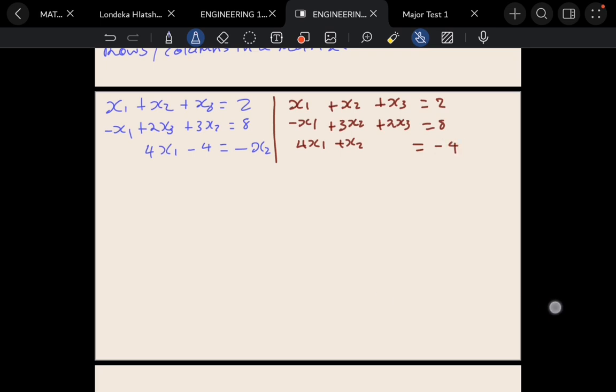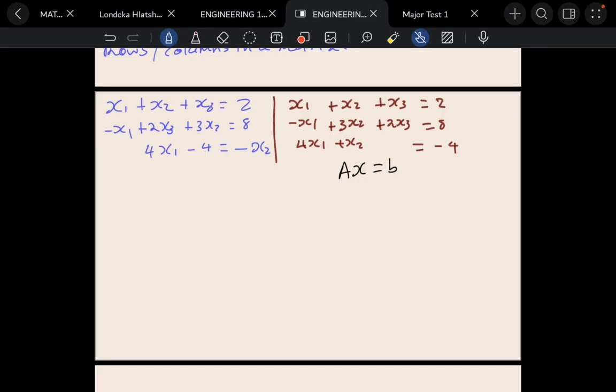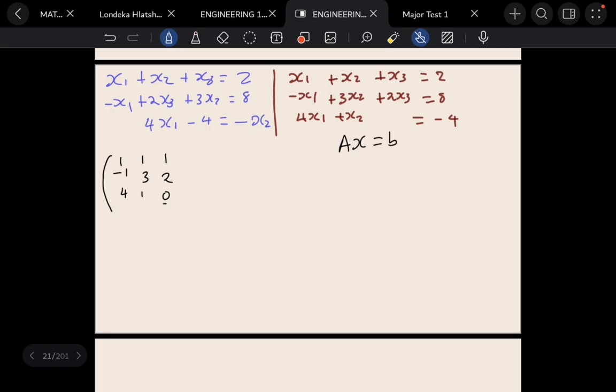Because we have written in this order, now we can write this equation as Ax equals B. We need to write an augmented matrix of that. It's going to be 1, minus 1, 4, 1, 3, 1, 1, 2, 0. Why do we substitute 0 there? Because x3 is not present, so it's 0, and then 2, 8, minus 4.